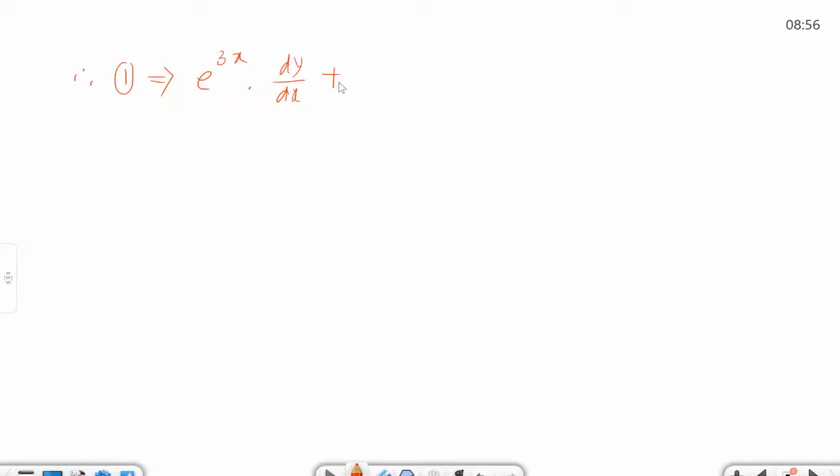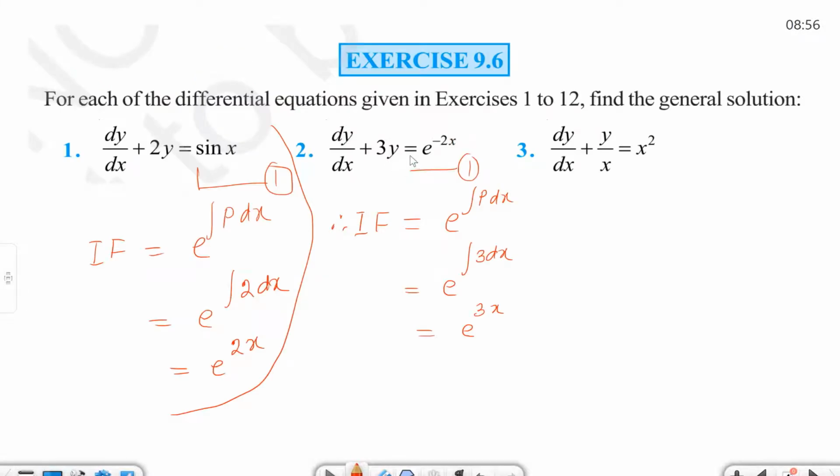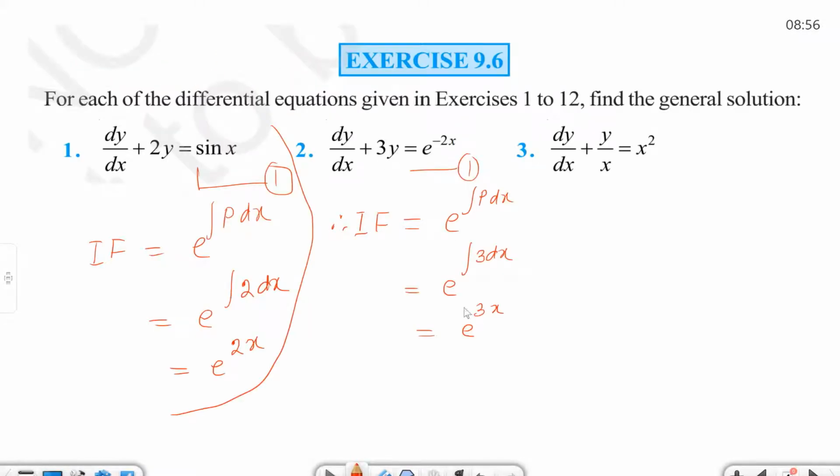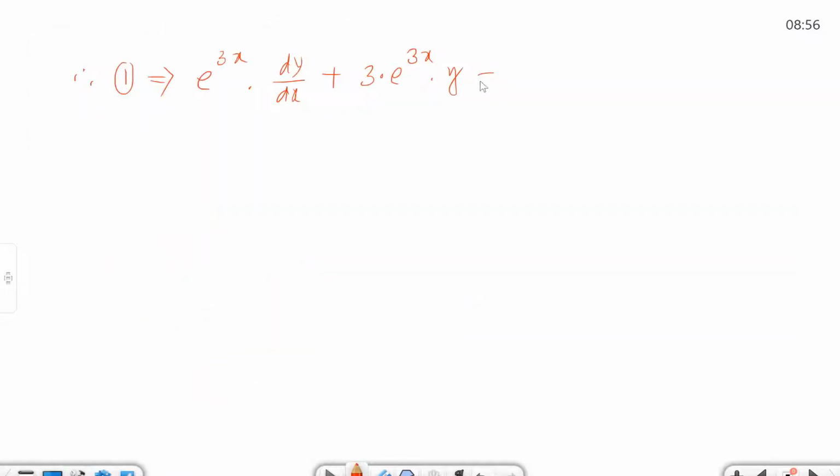plus 3y, where e to the power 3x is multiplied into y. On the right hand side e to the power minus 2x is already there, and multiplied by e to the power 3x it gives e to the power x only.